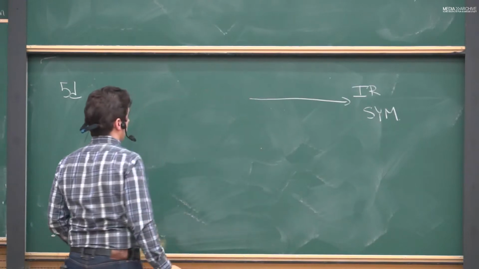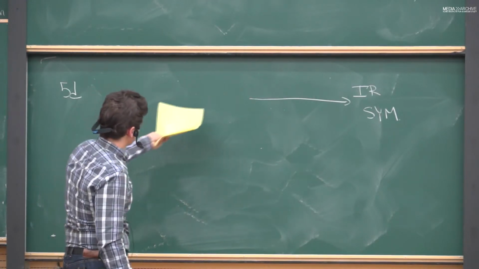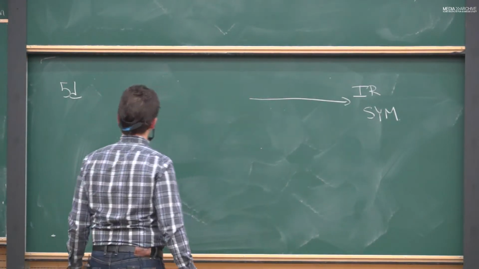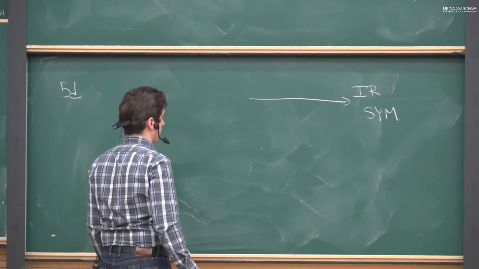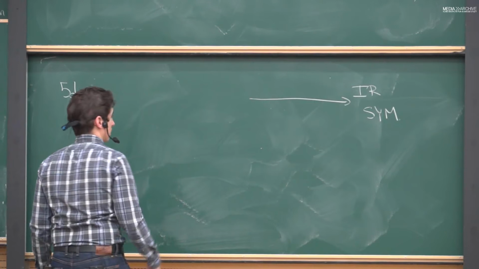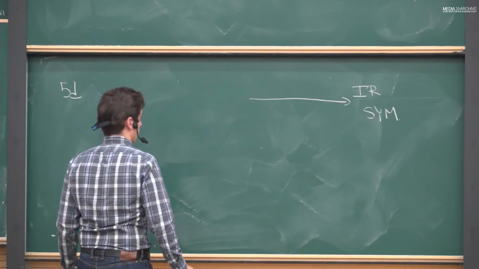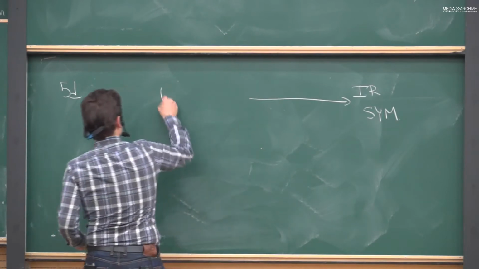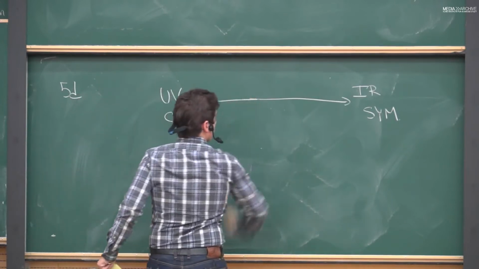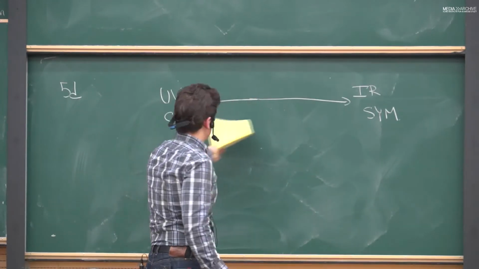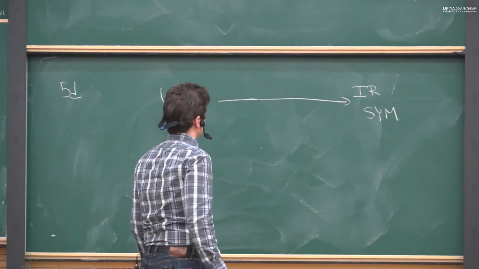And you could ask, is it possible that in the UV, there's some CFT? And of course, in the 90s, Seiberg, and then Seiberg and Intriligator and Morrison, and subsequently many other authors said that the answer is definitely yes. So there's some UV CFT, and it flows in the infrared to super Yang-Mills.